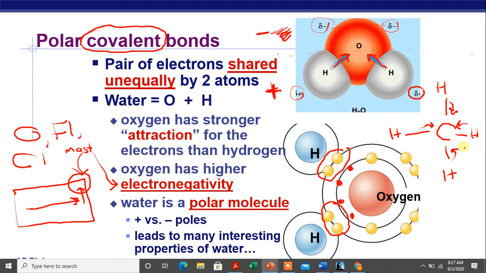I can't draw a line anywhere through the carbon to make a positive half and a negative half, or a positive side and a negative side, or a positive part and a negative part. So this one is nonpolar. And don't worry, because we're going to go over this a lot next time. This is just starting the concept of polarity.